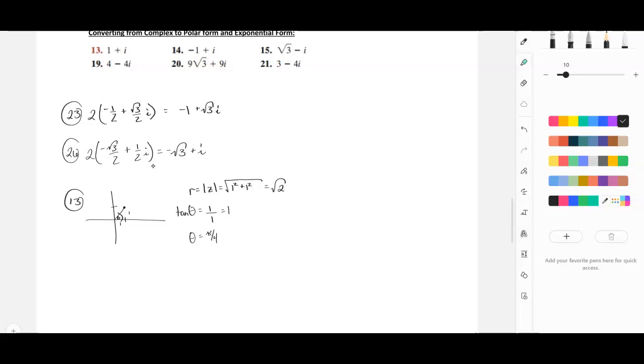So then our point, I'll call it z, is r times cosine of theta plus i sine theta, which is square root of 2 times cosine of pi over 4 plus i sine of pi over 4.